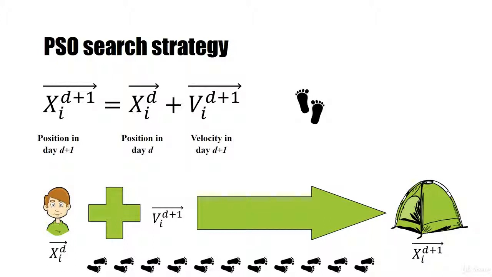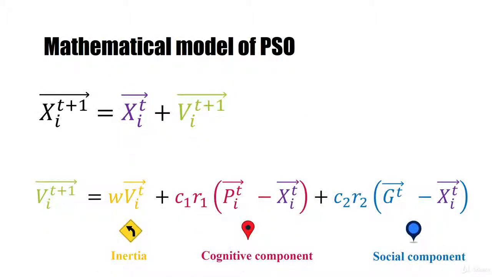In the PSO algorithm, every solution of a given problem is considered as a particle, which is able to move in a search landscape. In order to update the position of each particle, two vectors are considered, position vector and a velocity vector. The position vector shows the position of the particle in the landscape, and the velocity shows the direction and intensity of movement.